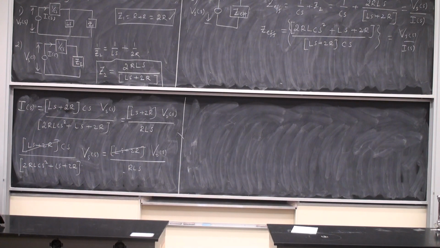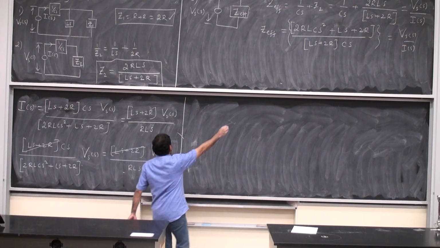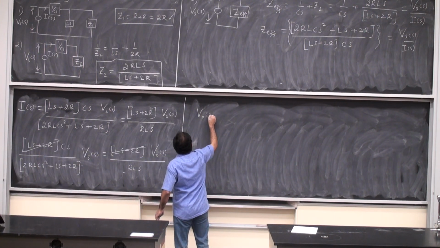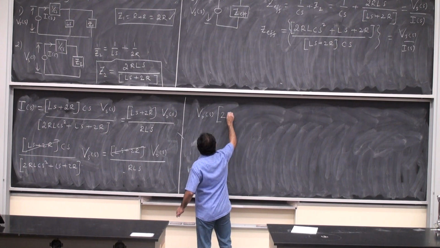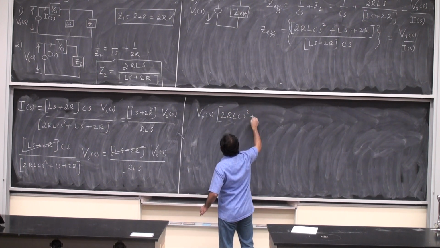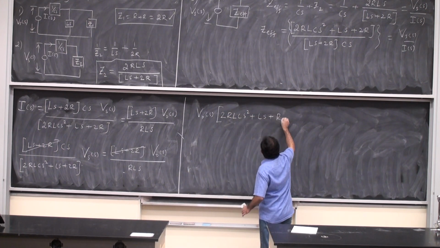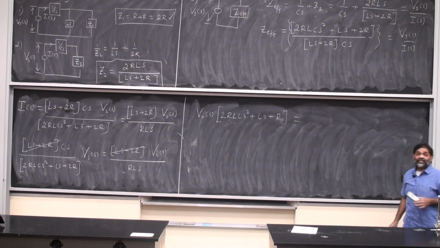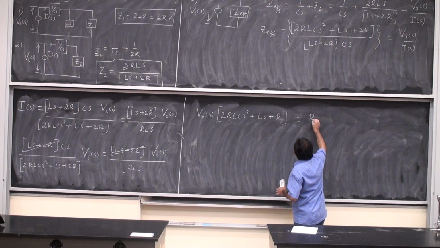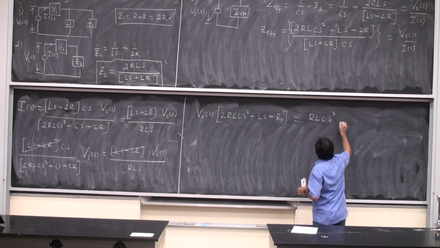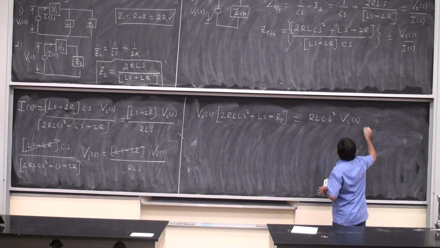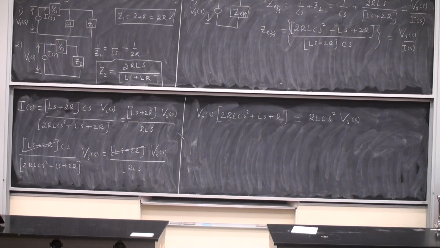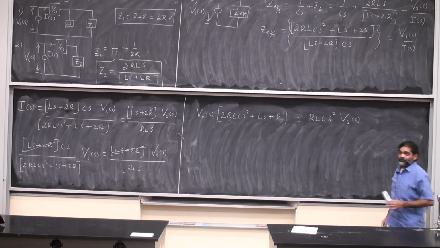Cross multiply, so that V0 of s times 2RLCs square. Take the RLs, multiply with the Cs, and that becomes an RLCs square Vs of s. All I did was cross multiply.